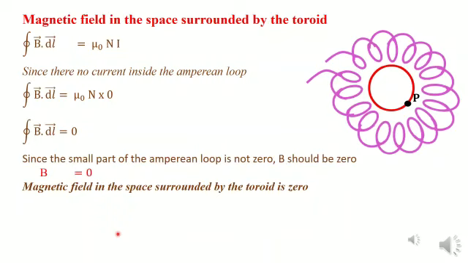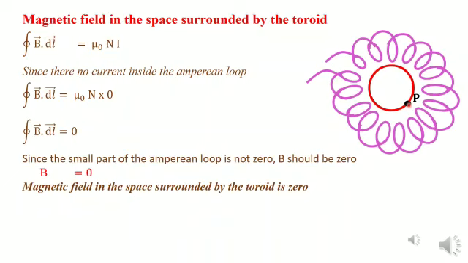Now, to find the magnetic field in the space which is surrounded by the toroid, consider one point here.